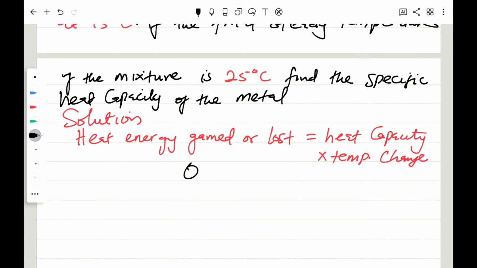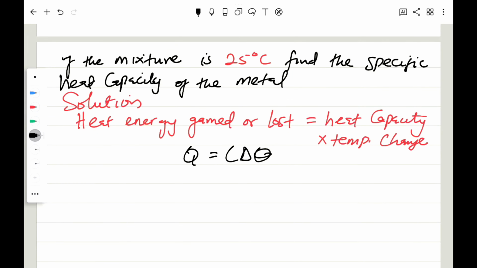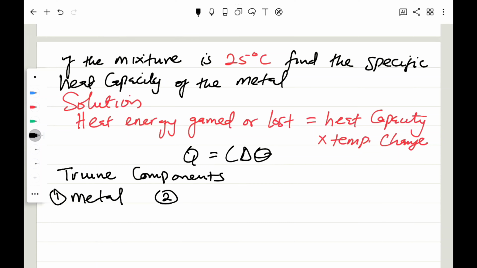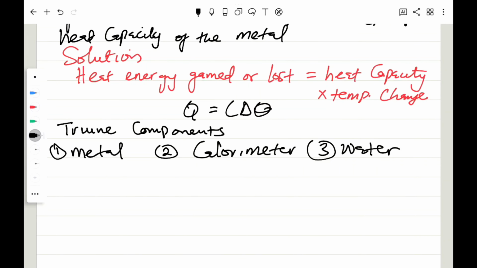So, our Q is equal to C delta theta, by interpretation. So if you understand this, you now know the triune component of this question for us to be able to solve: we have the metal, we have the calorimeter, we have the water. These three.